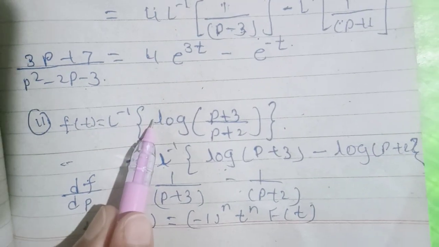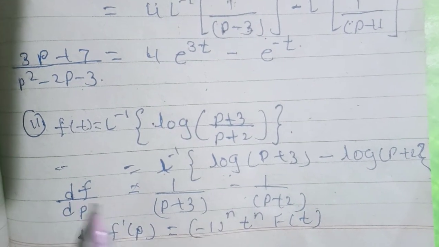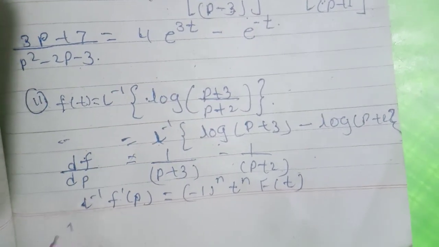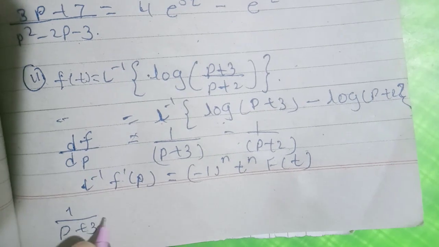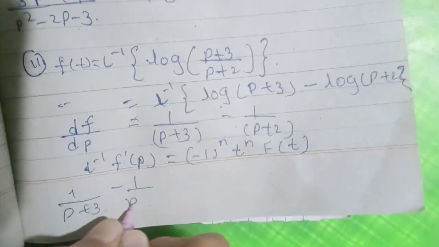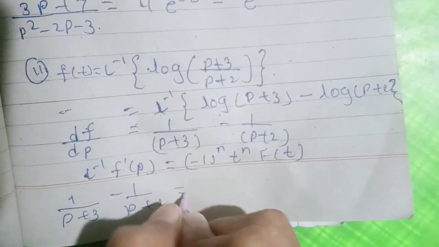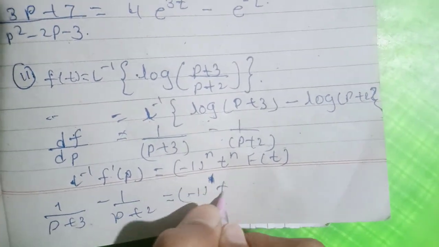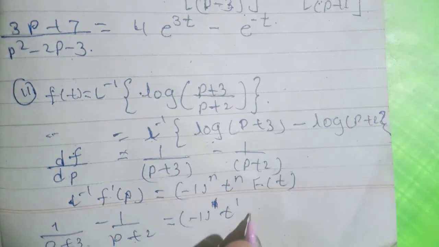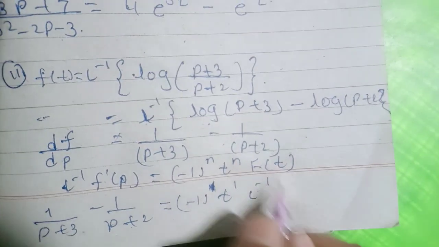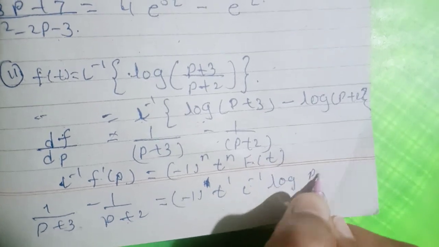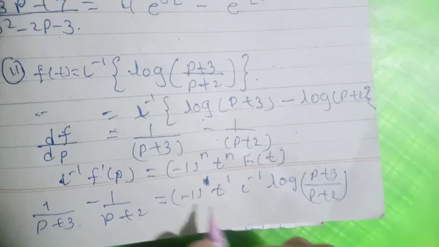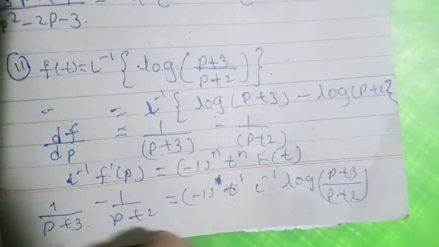Here f of t this, and this is f dash of p means here. So 1 upon p plus 3 minus 1 upon p plus 2, this is equal to minus 1 raised to n, n means 1, t raised to 1, f of t is this Laplace inverse of log of p plus 3 divided by p plus 2. So here is t, multiply, so divide here.